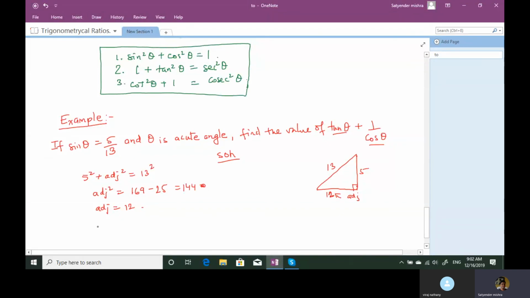So we can write down tan theta. We know tan theta is opposite by adjacent, which is 5 by 12. And we can write down cos theta.